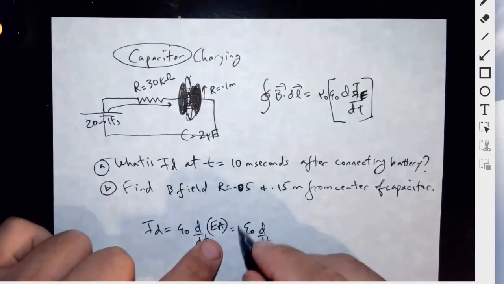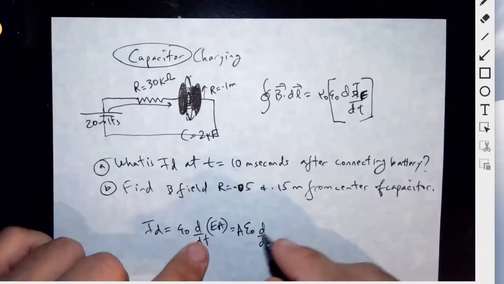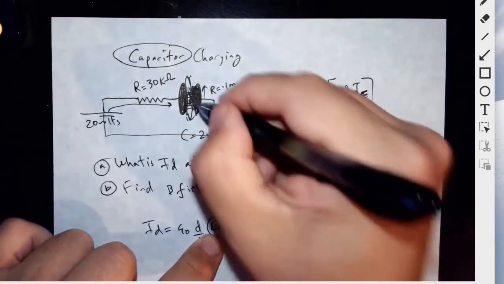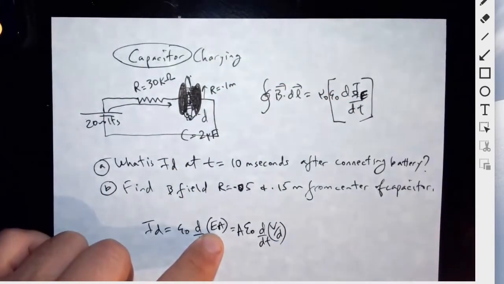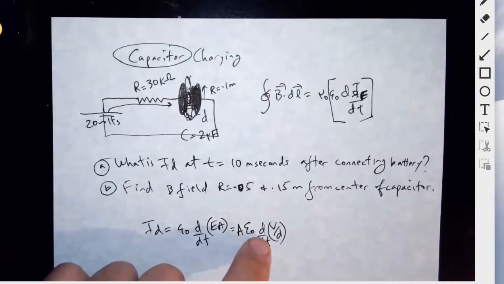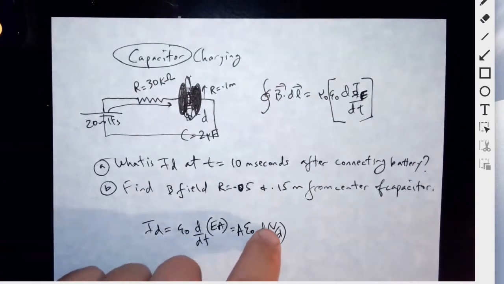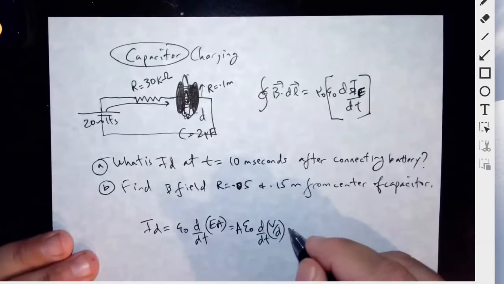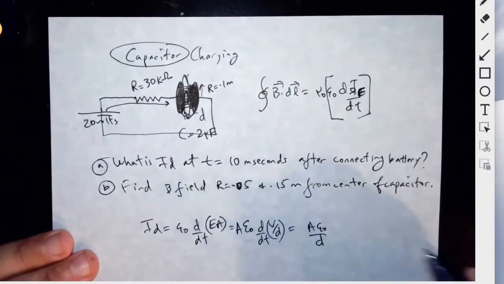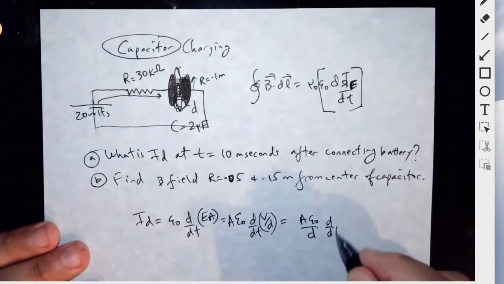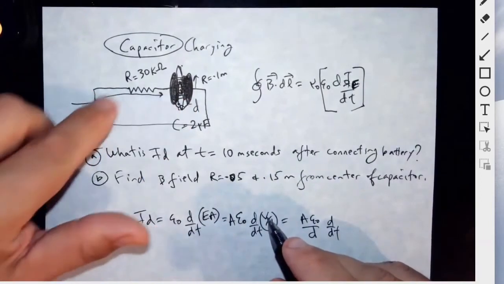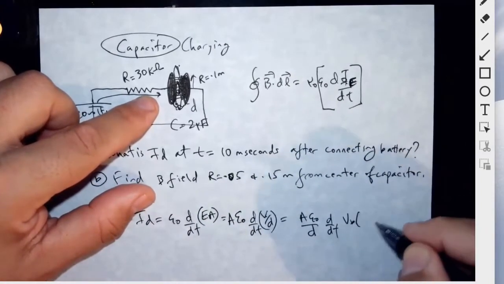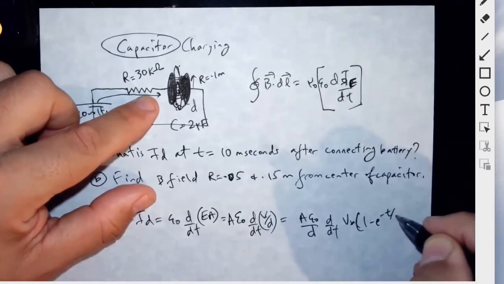So A comes out of the integral, epsilon 0, and E is going to be the voltage divided by the distance between the plates, D. So it's A epsilon 0 over D times dV/dt, the voltage between the plates. What's the equation for the voltage across a capacitor in a charging RC circuit? We have that from chapter 28, right? V equals V_B times 1 minus e to the minus t over tau.